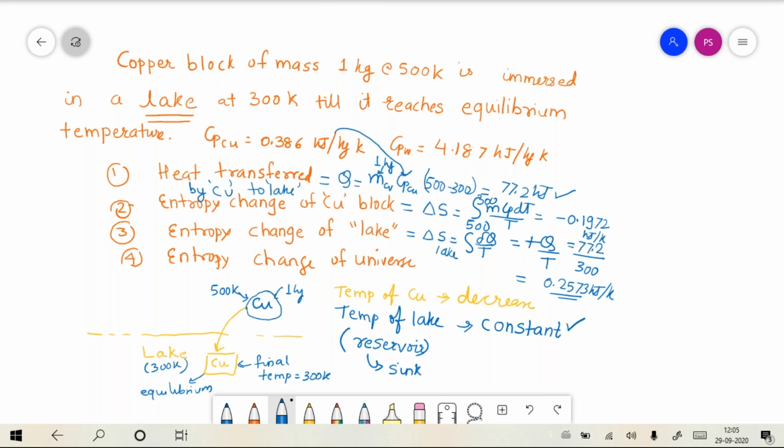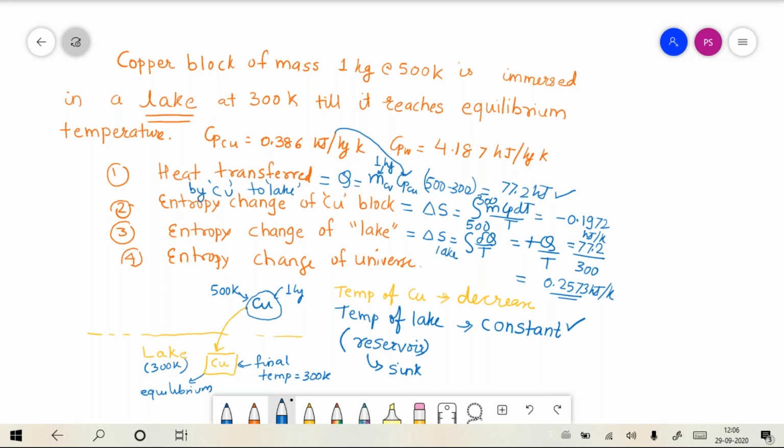If you solve this integral from 500 Kelvin to 300 Kelvin, mCp dT upon T, where Cp and the mass of the copper block are known, you will get a negative value, which I have already explained to you. If you add these two, you will get a positive value.